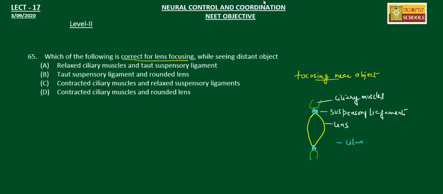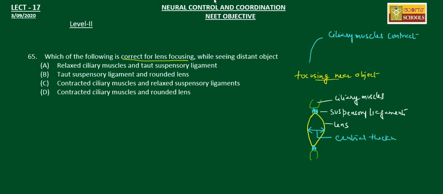When the ciliary muscles contract, this results in an increase in the lens central thickness.